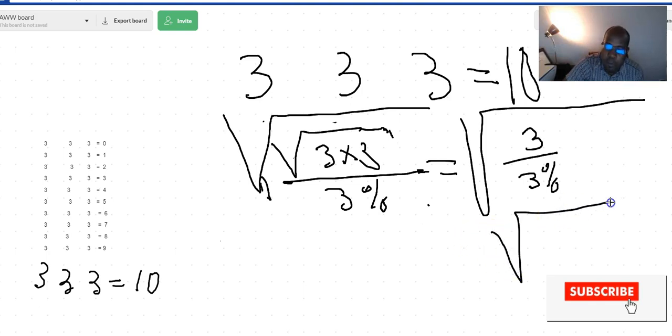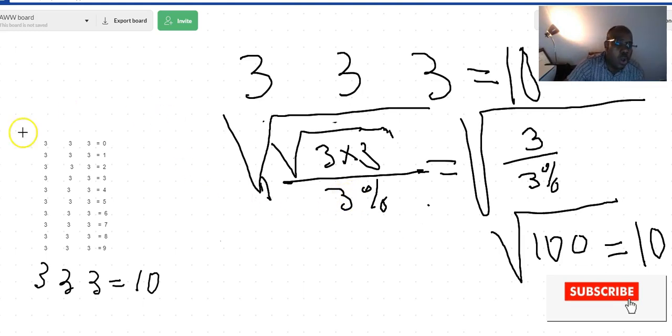If you do that, this normally should give you 100. Okay, so square root of 100, that should give you 10. Okay, guys, so that's one way to do it. But that was kind of difficult to find.